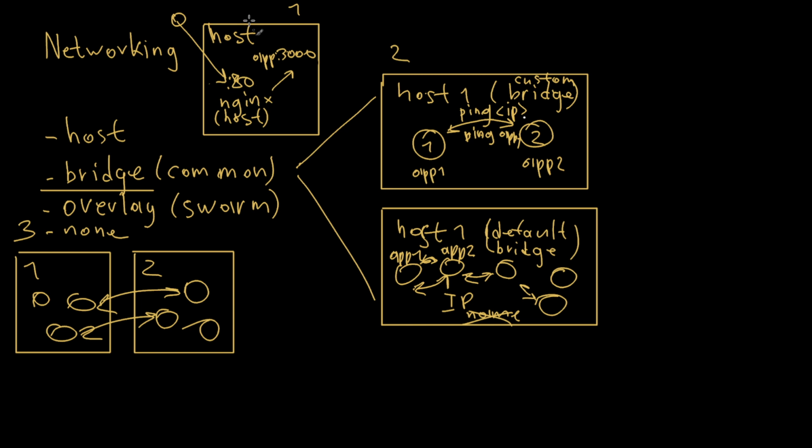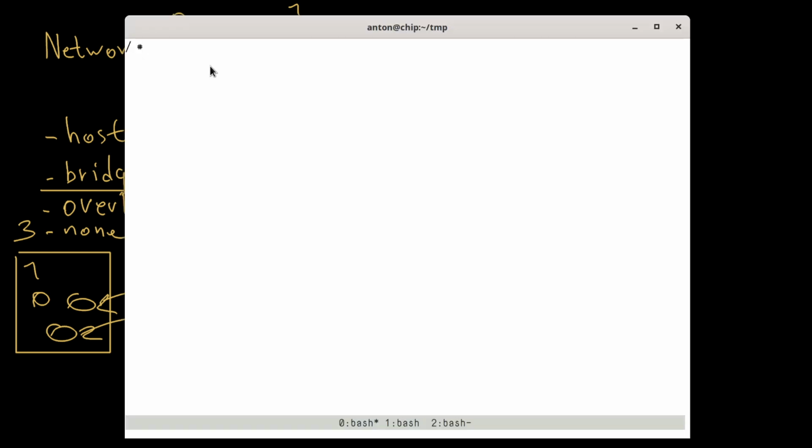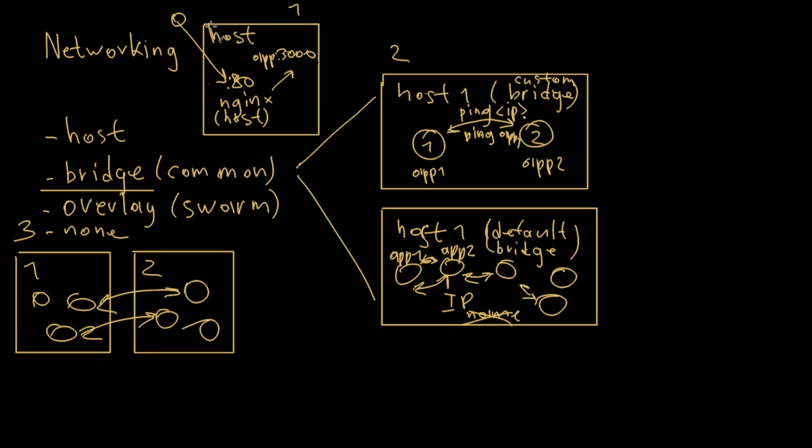So now let's move to the host option, the host network here. I'm gonna run an Nginx container with a host network, and also on the localhost I'm gonna run our application, our old image that we created a long time ago, a Node.js HTTP server running on port 3000.